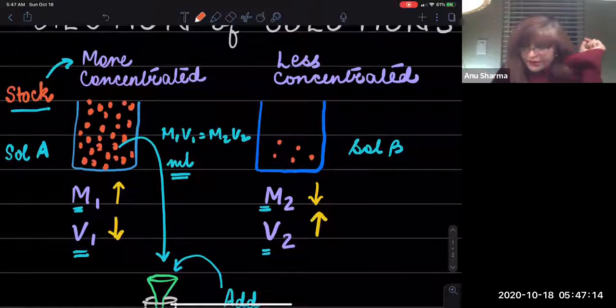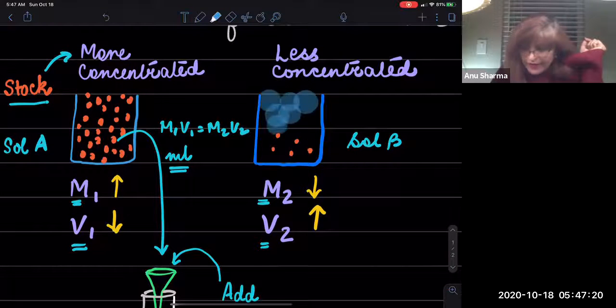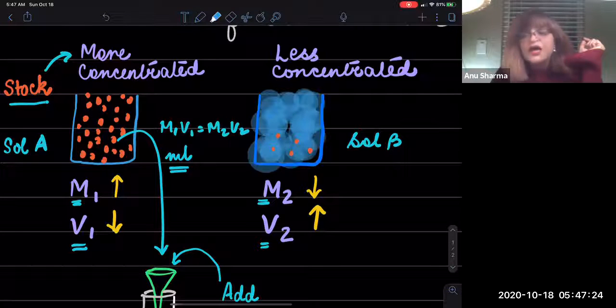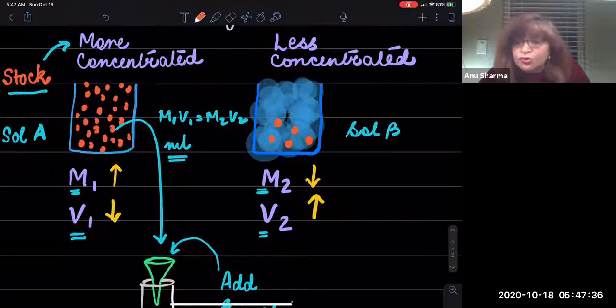Next, you can pour it into a container, and there you have a solution which has a molarity, M, much lower than the stock solution. But here's another thing. The volume that you took out from the stock solution was smaller, but the volume that you want for the experiment is much more.